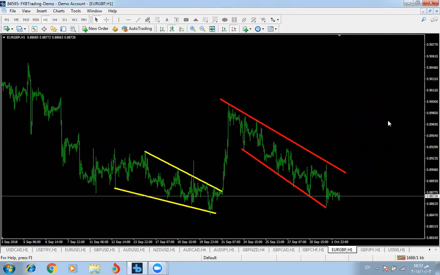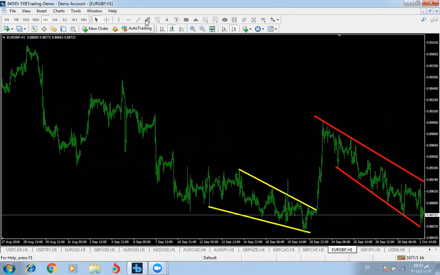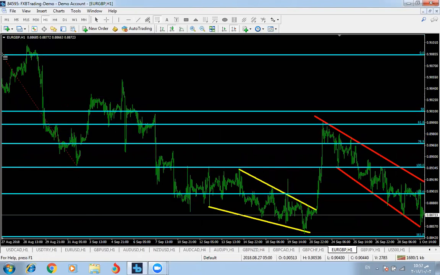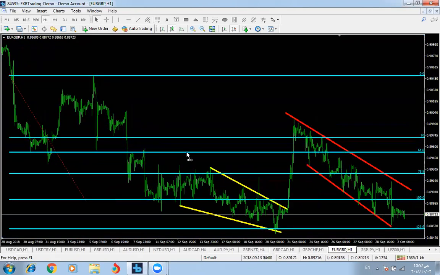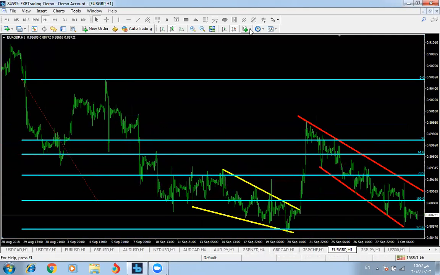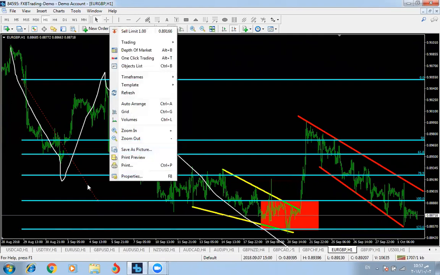Also, I'm watching the Euro pound. As you see from this area, it is correcting to the downside, and it has given us an ABC corrective structure to the downside, in the form of A, B, and C. Our red box should be at this area, and we anticipate and wait for the reversal from this area.